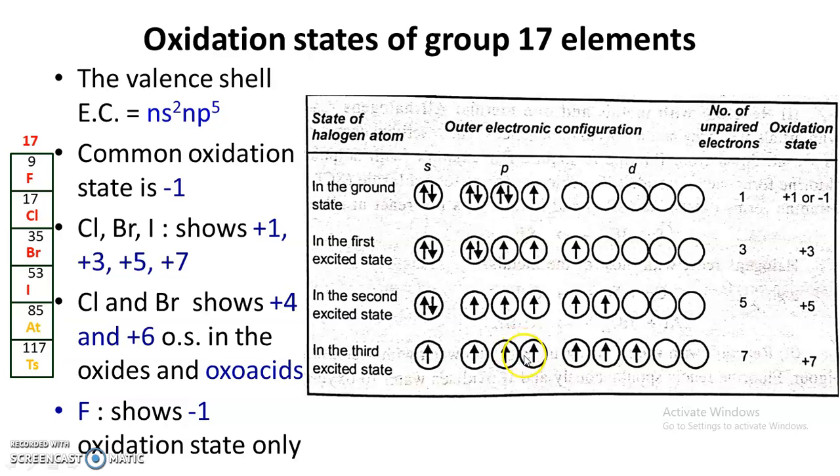Excitation of electrons from a lower energy level to a higher energy level is possible for chlorine, bromine and iodine only, and not for fluorine, because in fluorine d orbitals are absent. Hence for chlorine, bromine and iodine the valency can be extended from 1, so it can be +3, +5, +7. In some cases for chlorine and bromine it is +4 and +6.